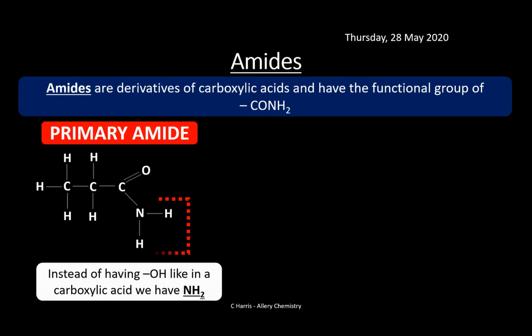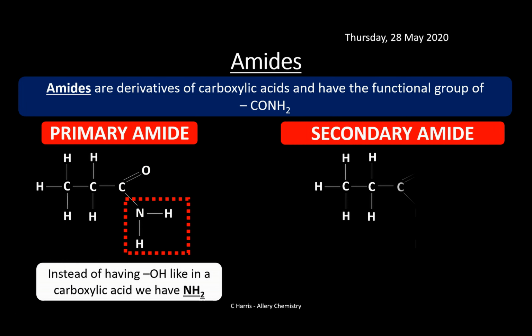And you can see that we have this NH2 group here, instead of an OH group, because it looks like a carboxylic acid, doesn't it? So instead of an OH group here, we have an NH2 group instead. So it's very similar to an amine, except we must have this carbonyl group bonded to the NH2 there.